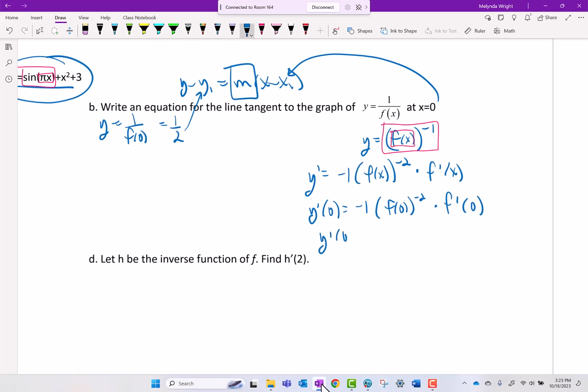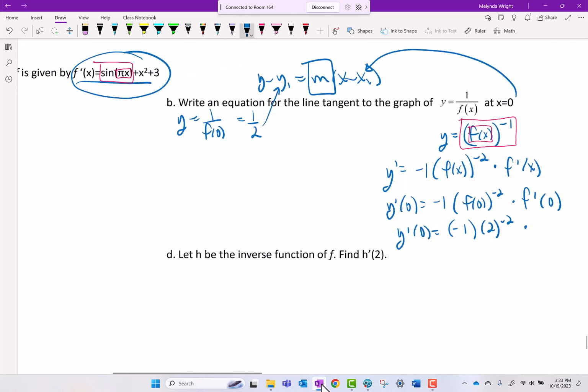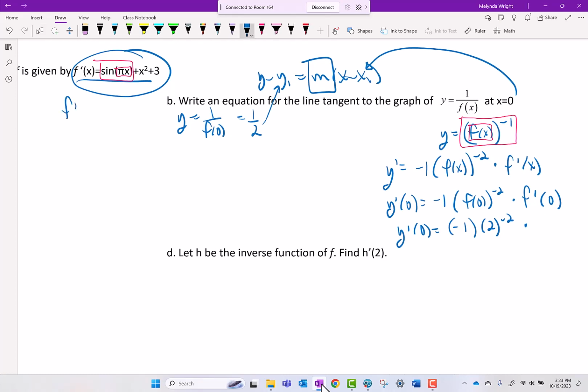So y prime of 0 is negative 1 times 2 to the negative 2. And f prime of 0 means we put a 0 up here. What's sine of 0? 0. And 0 squared is 0 plus 3. So f prime of 0 is 3.